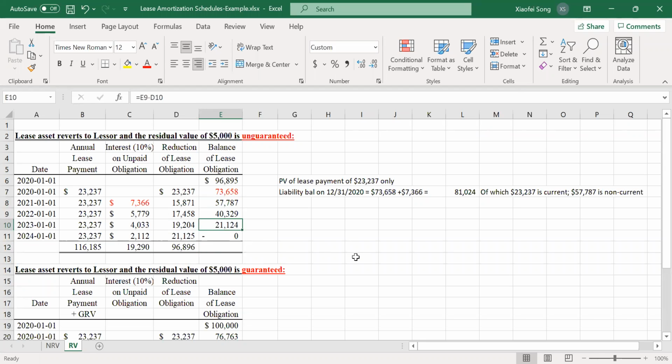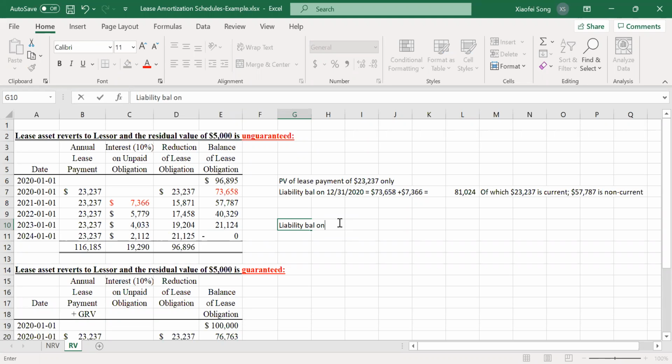At the end of year 4, this is the beginning of year 4, the balance is 21,124, and at the end of year 4, the liability balance on December 31st, 2023 is 21,124 plus 2,112.